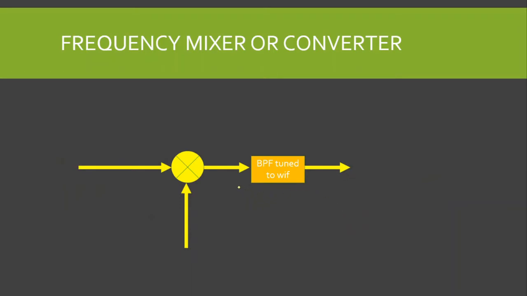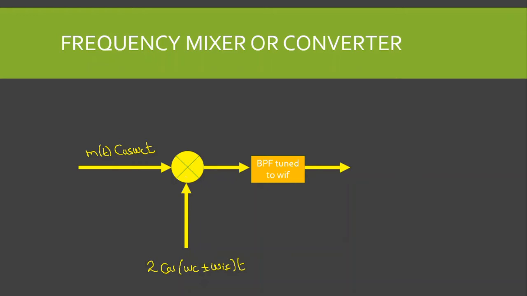Now this is the block diagram of the frequency mixing or frequency conversion. We have the incoming signal, which is the modulated signal, given by m of t cosine omega_c t, whose angular frequency is omega_c. This signal needs to be multiplied by 2 cosine of (omega_c plus or minus omega_IF) t. Here omega_c plus or minus omega_IF is the omega_mix.